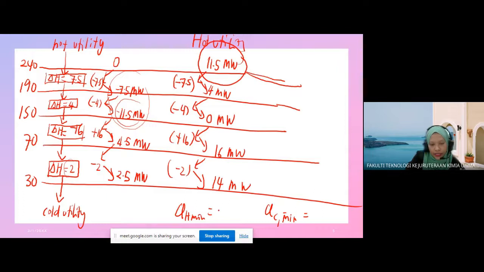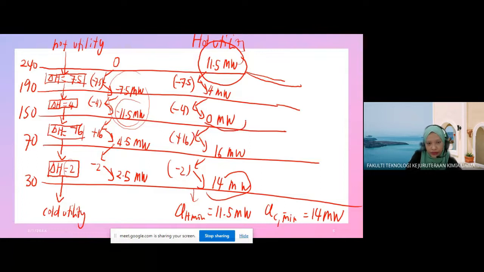So your QH min is 11.5 megawatt, and this is your cold utility. So 14 is your cold utility requirement. And then can you tell me what is your T pinch? Pinch temperature is where there is no heat transfer, or zero heat transfer.